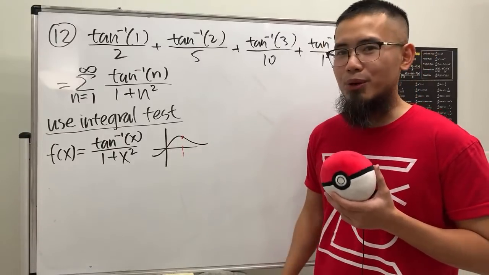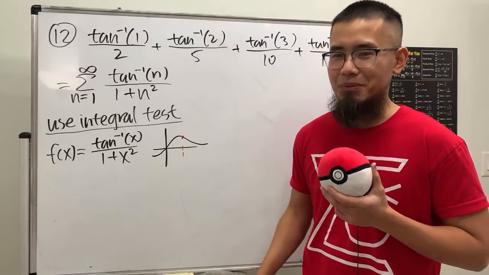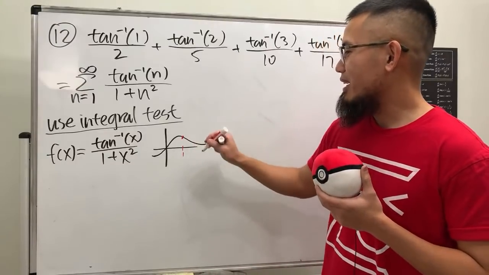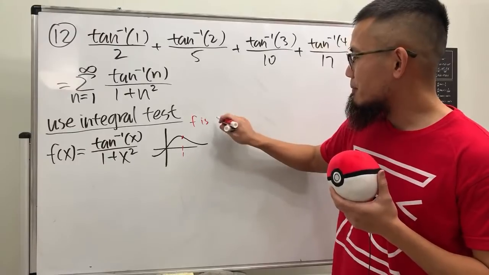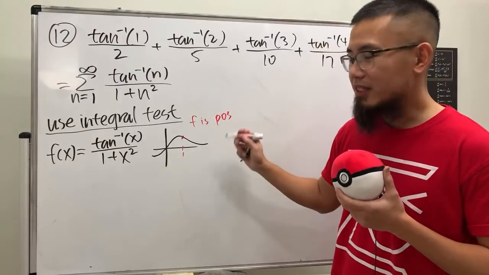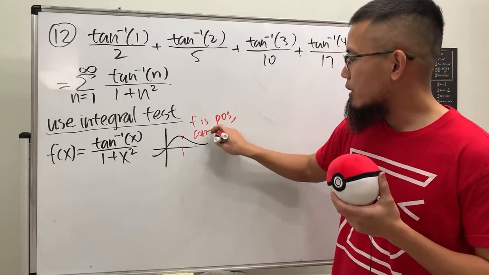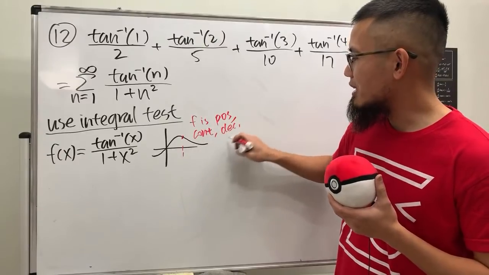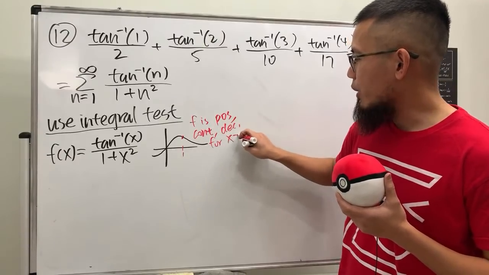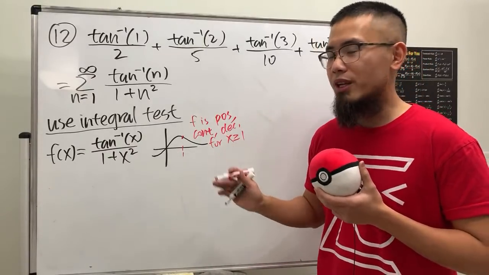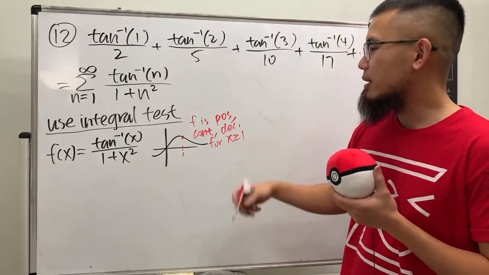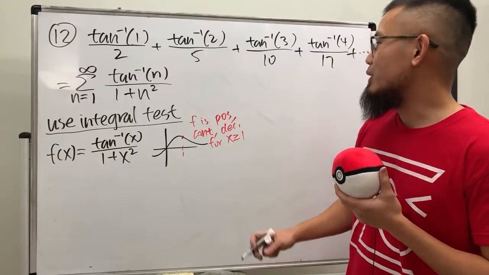And how do I know that? I checked the answer beforehand, of course. But anyway, f is positive, continuous, and also decreasing for x greater than or equal to 1. So again, please make sure that these three criteria are satisfied before we actually do the integral test.